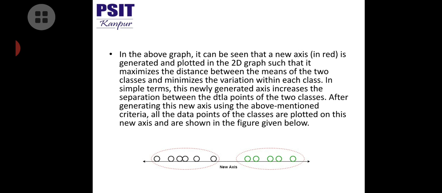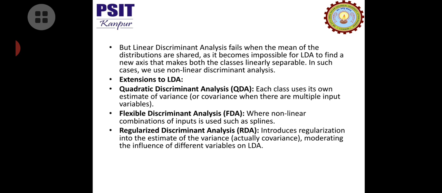After generating the new axis using the above mentioned criteria, all data points of the classes are plotted on the new axis. In this diagram you can easily understand that the new axis is generated from your two dimension axes. LDA also has a drawback.